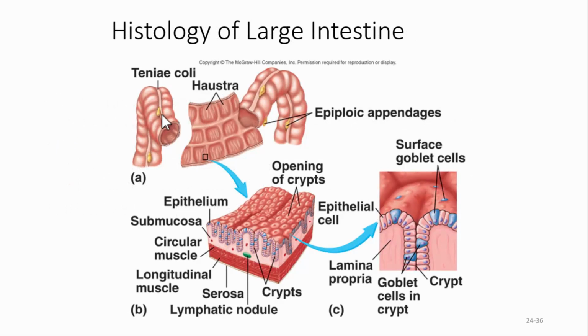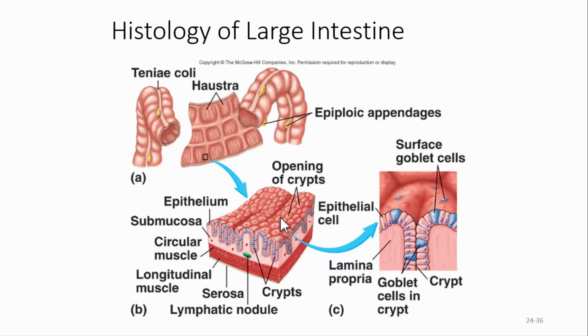And so we can see, again, the tinea coli, the haustra, which are the outpouchings, the little epiploic appendages hanging down. And then you can see that the large intestine is a little more flat. While it looks like it has villi, its surface area is not quite as extensive as the small intestine.